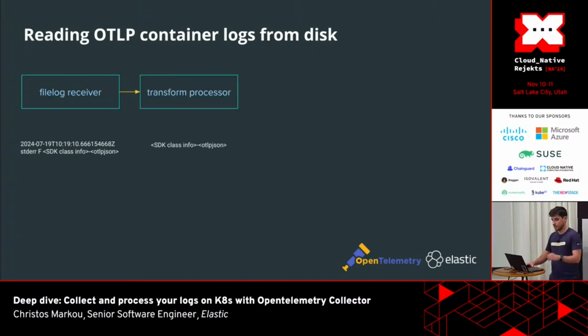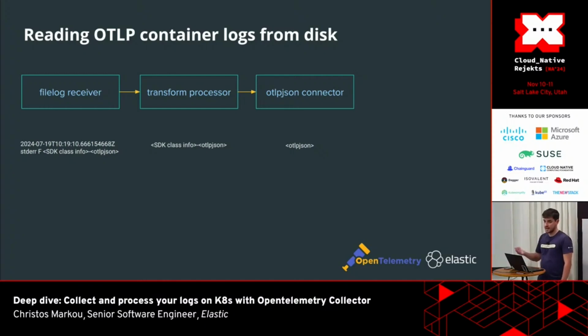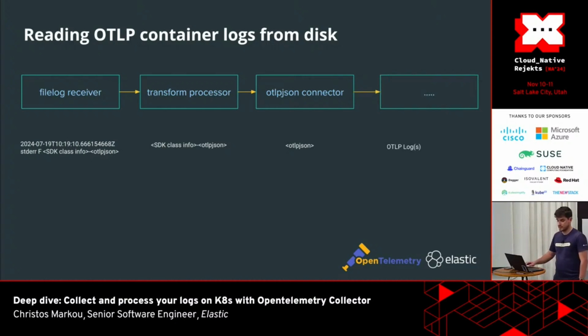Then we can process this entry with a transform processor to remove the Java SDK class information. Then we can move the OTLP JSON part to an OTLP JSON connector, and this connector will deserialize this JSON and produce a valid OTLP log record. And after this point, we can export the log record, or we can further process it in the collector.